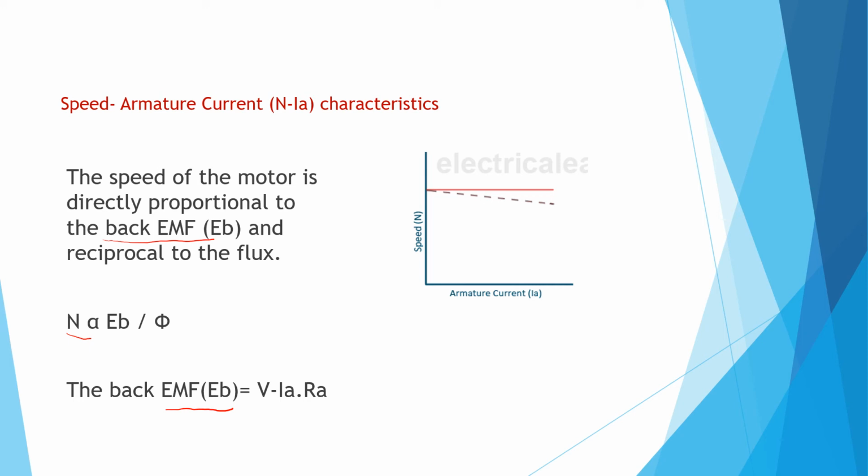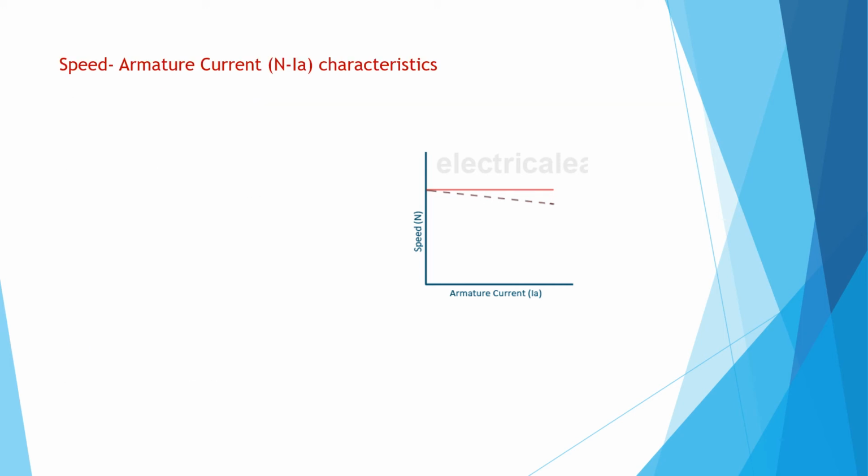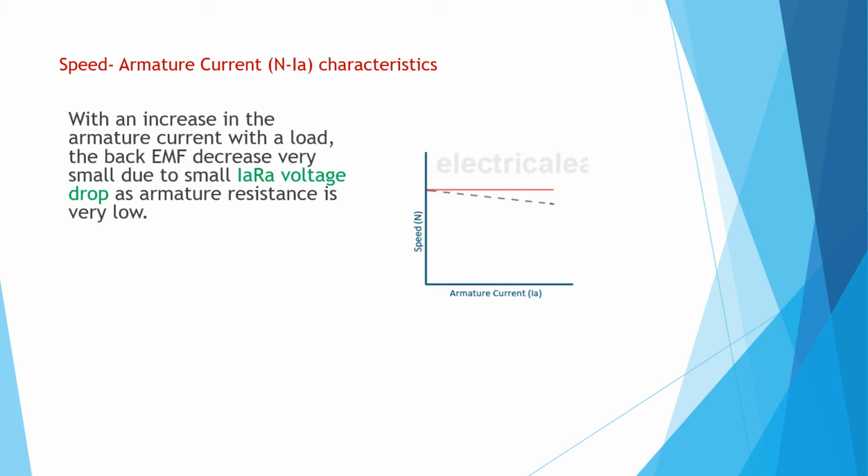Those two are not the same thing. So back EMF Eb is equal to V minus IaRa. Ia means current flowing in the armature winding. Ra means resistance of the armature winding. With the increase in armature current with load, the back EMF decreases very slightly due to the small IaRa voltage drop, as armature resistance is very low.